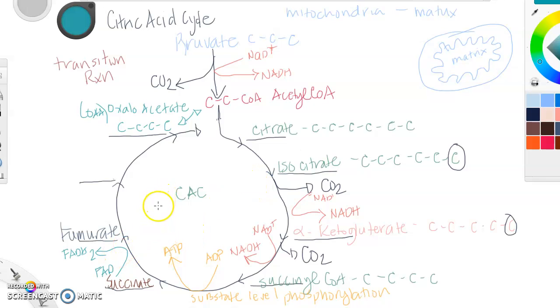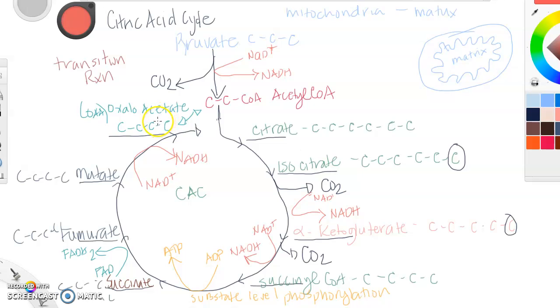So we've got one of those. The next reaction changes the molecule. And remember, we're still 4 carbons here. All of these. Okay, so the next intermediate is called malate, and we're still 4 carbon. And from malate back to oxaloacetate, we get another NADH. And we're back to oxaloacetate.